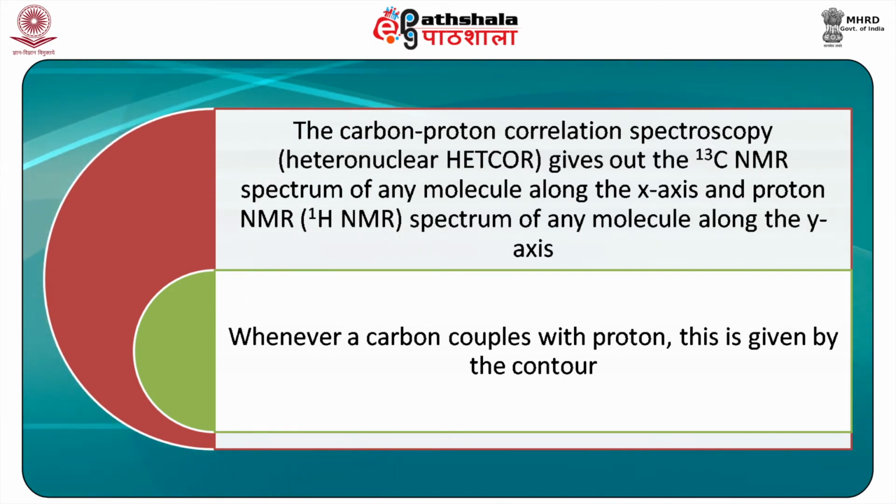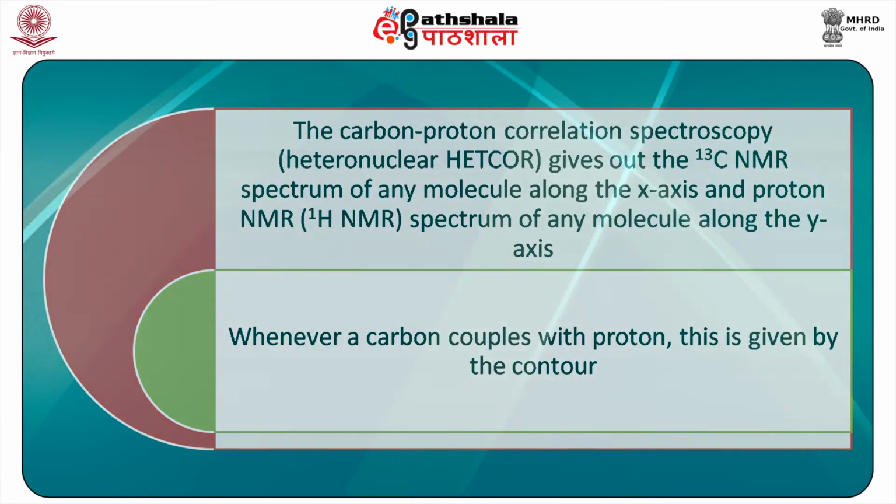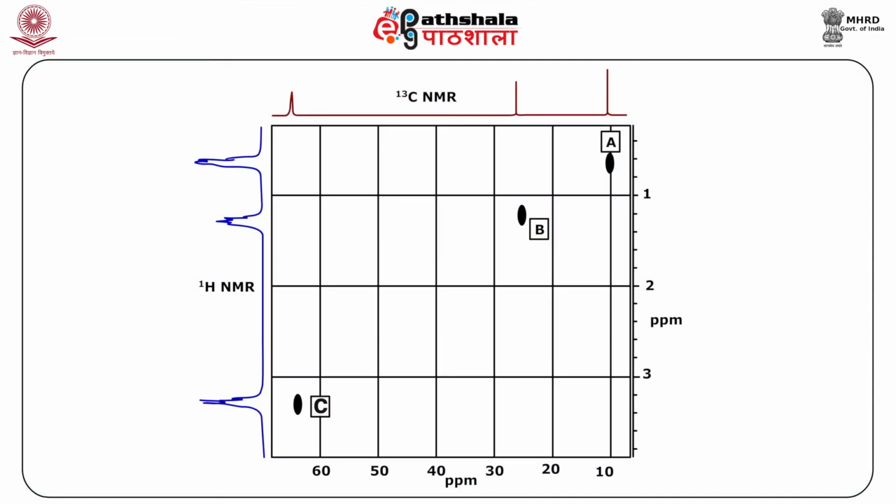So whenever a carbon couples with a proton, this is given by the contour here. For example, you can see here in the HETCOR of 1-propanol, the peak marked A indicates a coupling interaction between the hydrogen at 0.7 ppm and the carbon at 10 ppm, and this corresponds to the CH3 group.